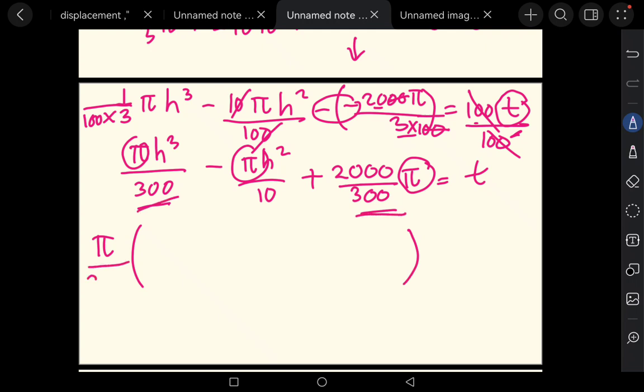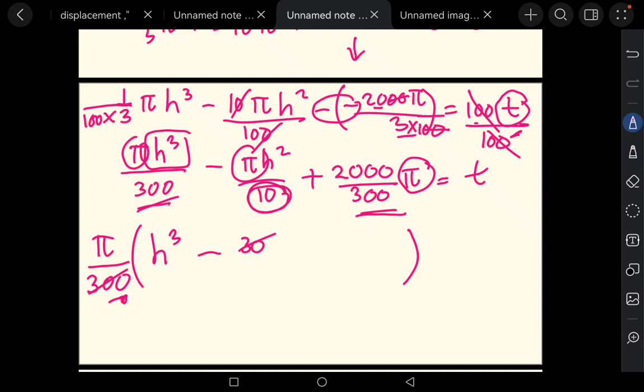Let's take 300, so left here only h cube minus 30, because 30 divided by this is 10.